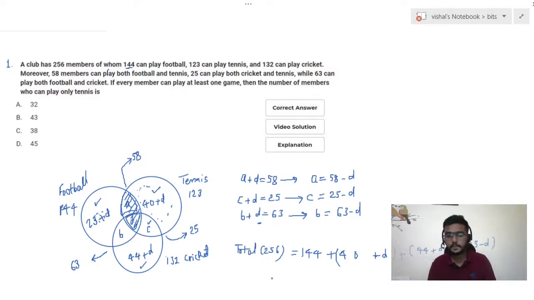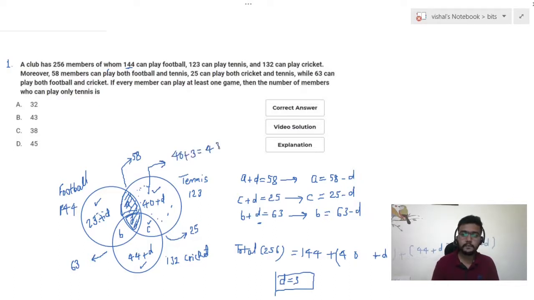When you subtract all of these terms, you will get D equals 3. The number of players who can play only tennis is 40 plus D, that means 40 plus 3, which comes out to be 43. So option B will be correct. I hope it is clear to all.